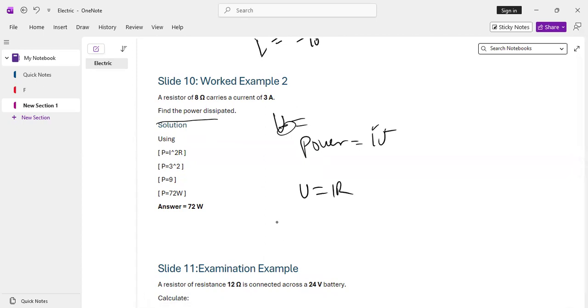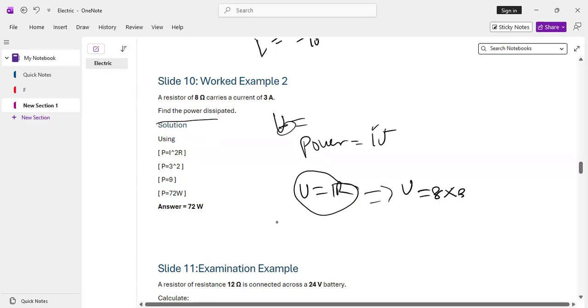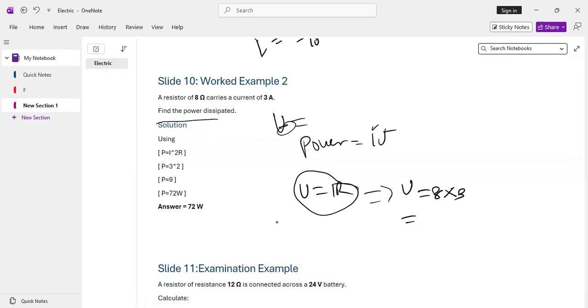So let's find V now. Voltage is equal to 8 multiplied by 3.